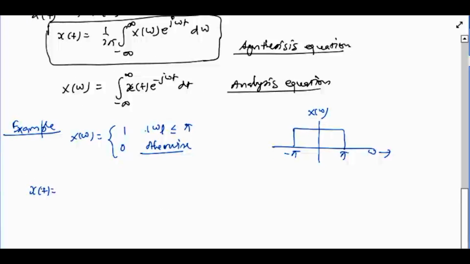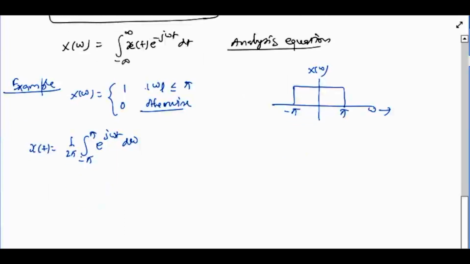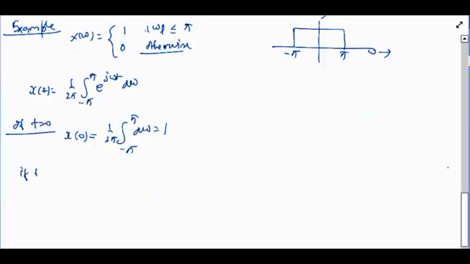So x(t) is 1 over 2 pi times the integral from minus pi to pi of e raised to j omega t d omega. From definition, we see that if t is equal to 0, x(0) is 1 over 2 pi times the integral from minus pi to pi of d omega, which is 1, and if t is not equal to 0, then x(t) is 1 over 2 pi times the integral from minus pi to pi of e raised to j omega t d omega, which on simplifying becomes sine pi t.